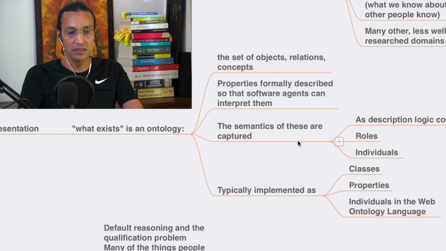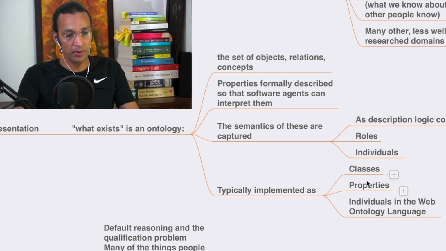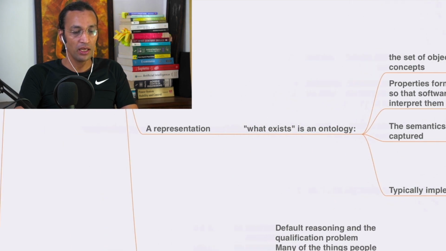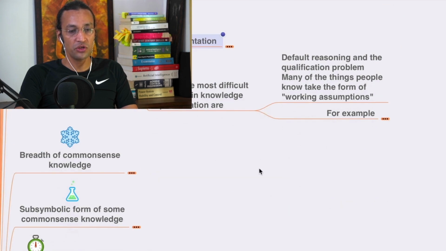The semantics of these are captured as description logic concepts, roles, and individuals, typically implemented as classes, properties, and individuals in the Web Ontology Language. So this is the representation of knowledge.